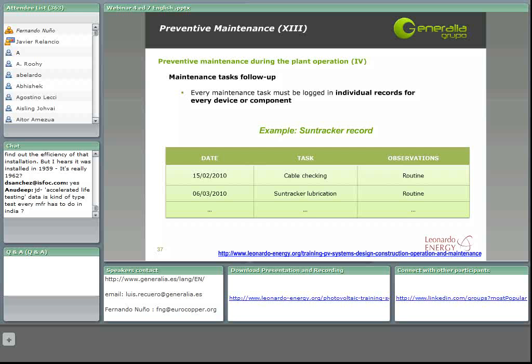As you can see, we have to write down the date when each task has been developed, and we also have to write some observations, like, for example, if we have detected any malfunction, or if this task was to be done routinely or because of a punctual incident.